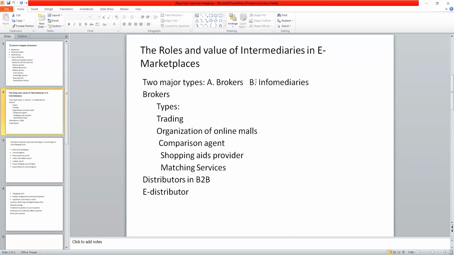Whether it is online or offline, the consumer cannot find a place where he or she can complete the transaction. Channel management is a very important part. So here, in the case of online transactions, there are also intermediaries.